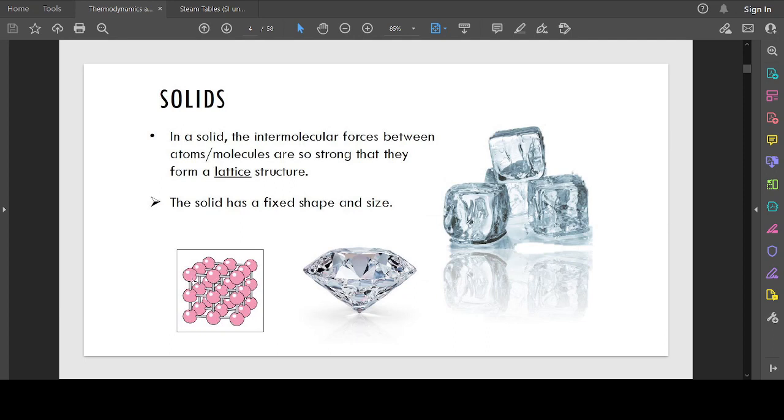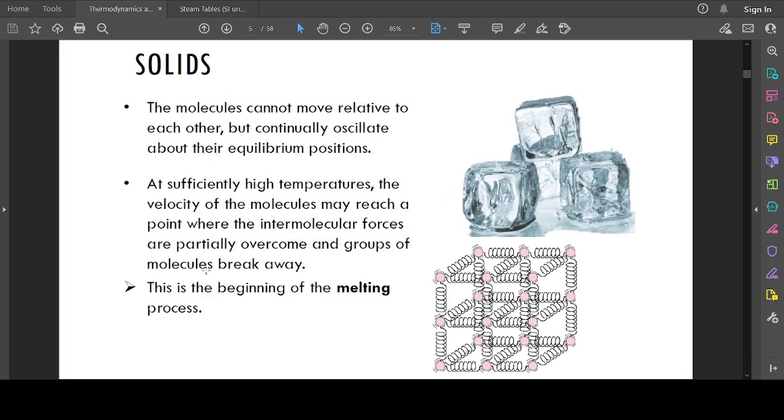They are like attached to strings, but they don't freely move away from their equilibrium position. So they can vibrate or oscillate just a tiny bit around the equilibrium state. Okay, so this gives the solid the fixed shape and size as well.